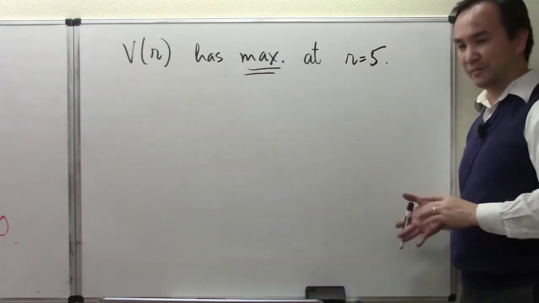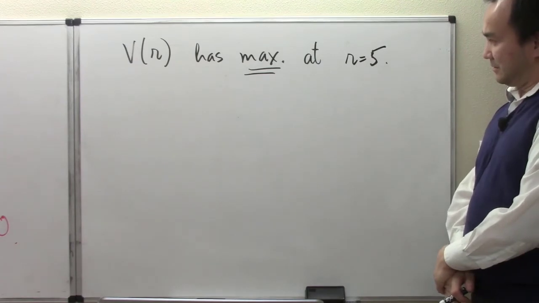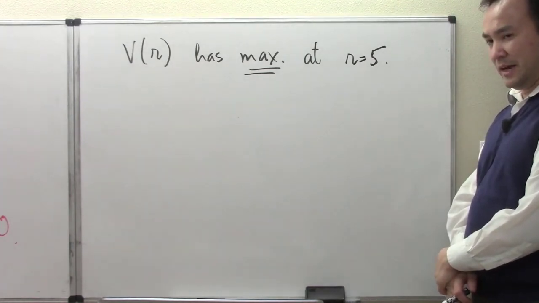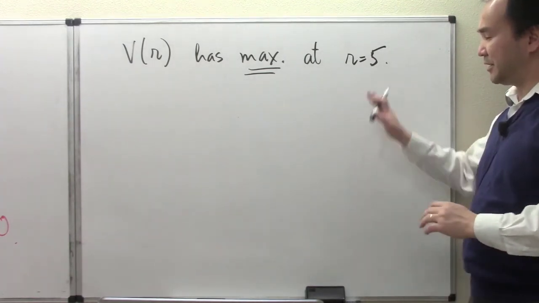We made a conclusion. So V of R, the volume here, has a maximum at R equals 5.